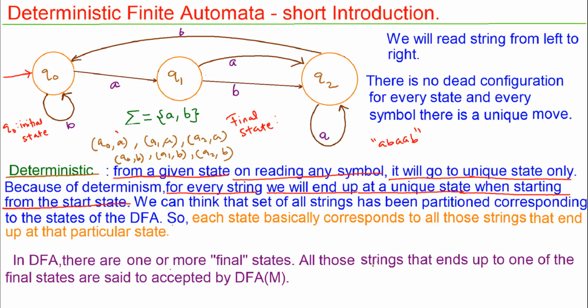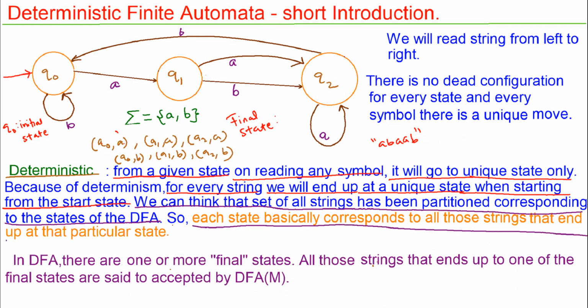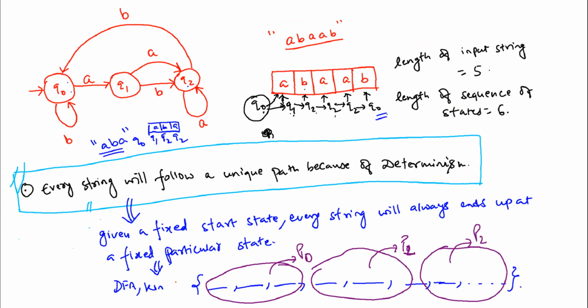So we can think that the set of all strings has been partitioned corresponding to the states of the DFA. Each state basically corresponds to all those strings that end up at that particular state. So we can think of a DFA like this.